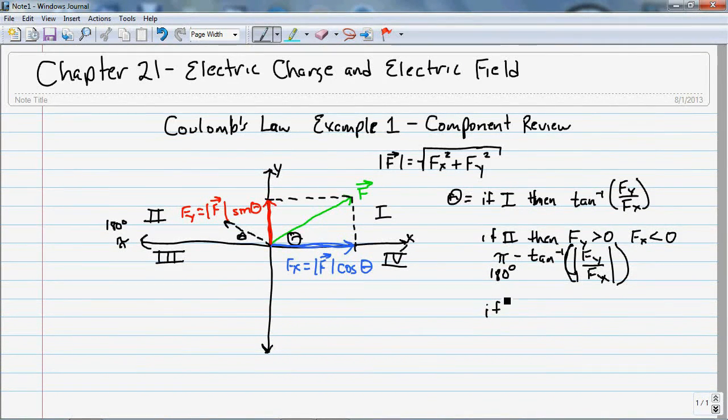If 3, then I have Fy less than 0, Fx less than 0. That's going to put me in this direction.